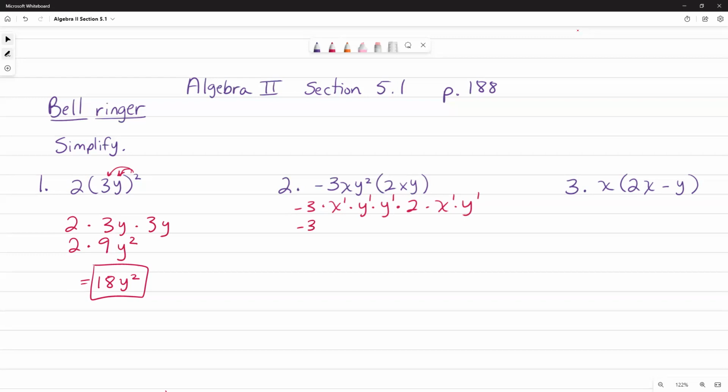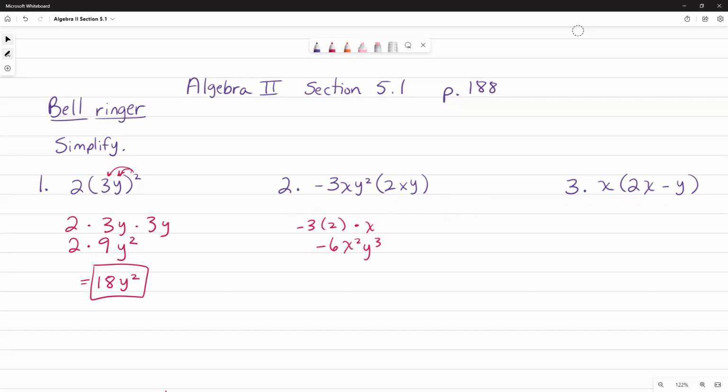So it's -3 times 2 times x to the power of 1 plus 1 times y to the 2 plus 1, right? There's 3 of them. So you end up with -6 x squared y cubed. That is the long way around. You don't have to do it that way, but that's why I said don't copy that, right? That's essentially what we're doing.